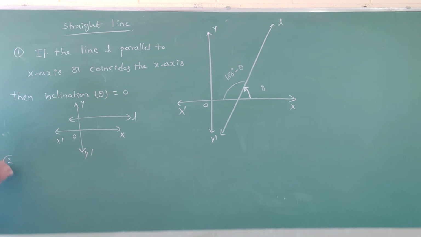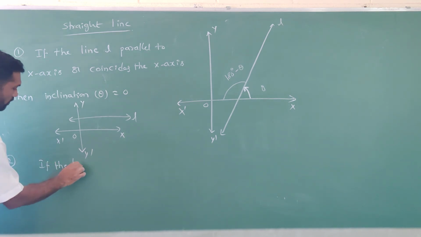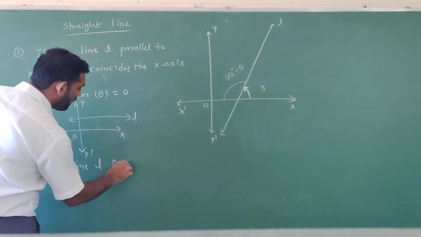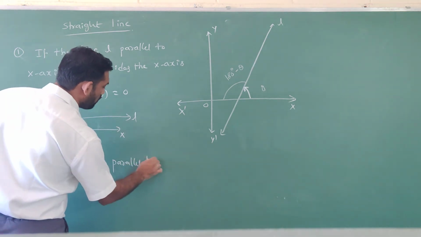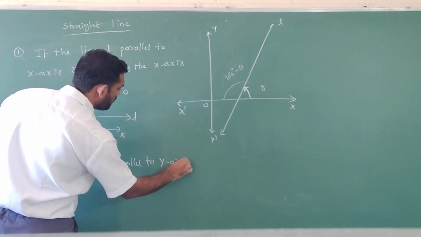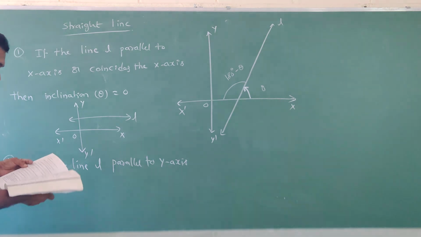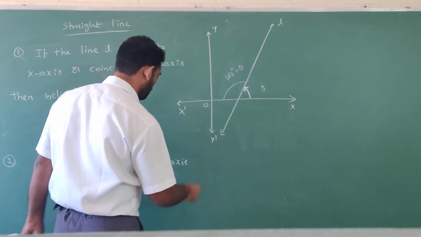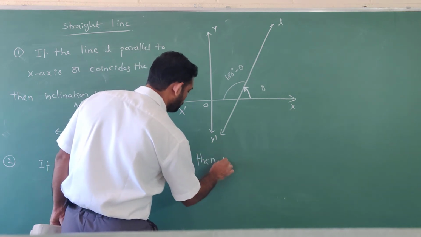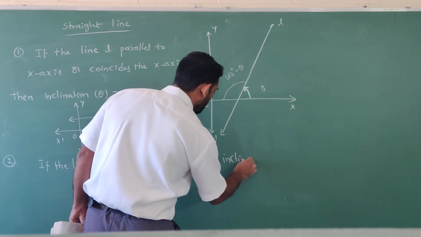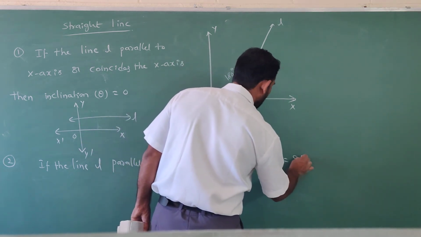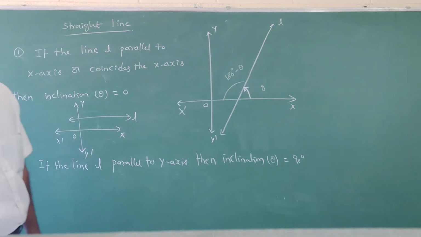Second point: if the line L is parallel to y-axis, then the inclination theta is equal to 90 degrees.